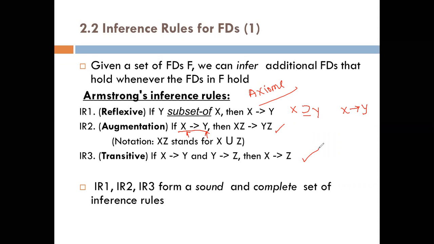So these three are called Armstrong's inference rules. The first one is when Y is a subset of X, then X determines Y. Then, if you add attributes to both sides, the functional dependency still holds, which is called augmentation. And then transitive.